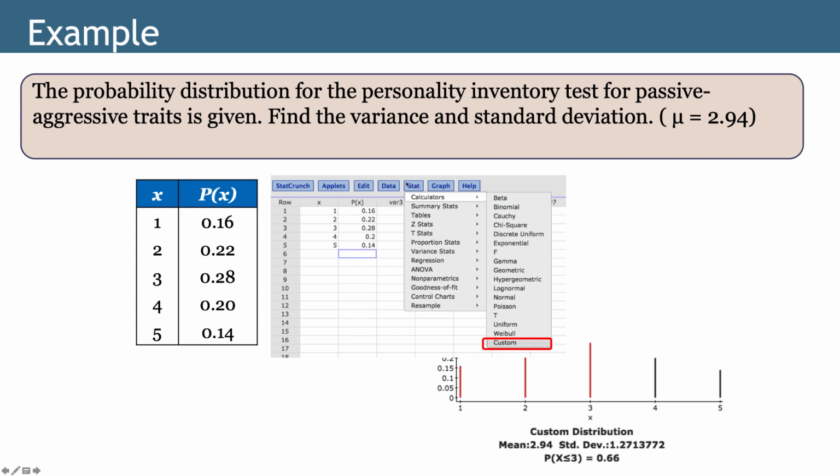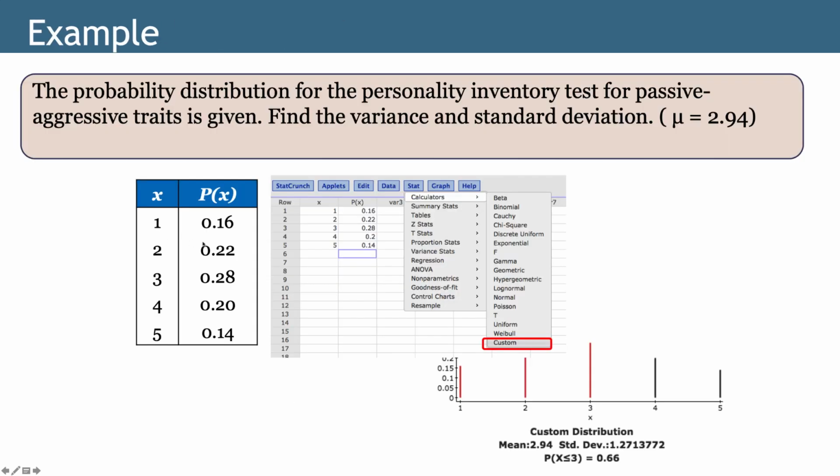That's a way you can think of why it's custom: because it's custom to its unique probabilities. So you click on that, and then you tell it this is the column for the variable, here are the weights, if you will, and then it spits it out, and it tells you right on the screen, here's the mean, here's the standard deviation. So it'll calculate that automatically in StatCrunch. So don't do that by hand. That's just kind of ridiculous, honestly.